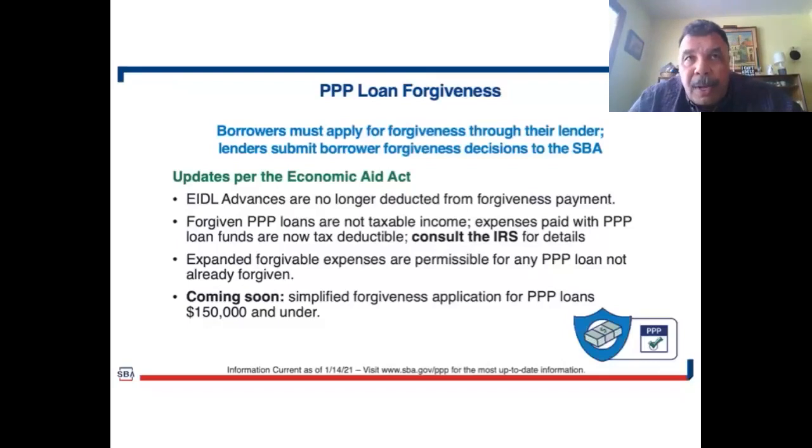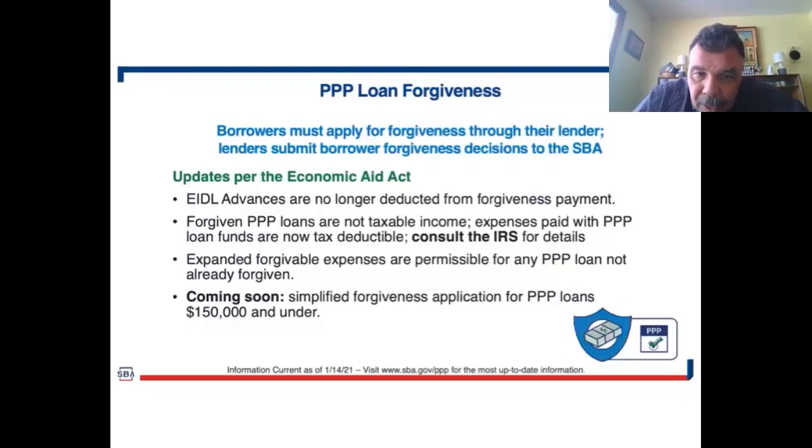If you remember correctly, if you got an EIDL advance and then you applied to the bank and got a PPP, let's just say for instance it was $10,000, that $10,000 would have been taken from your forgiveness amount on your PPP loan, leaving you with a $10,000 deficit in forgiveness that you would have been subjected to 1% over 2 years or 1% over 5 years, whether or not you got your PP loan prior to June 5th or after June 5th.